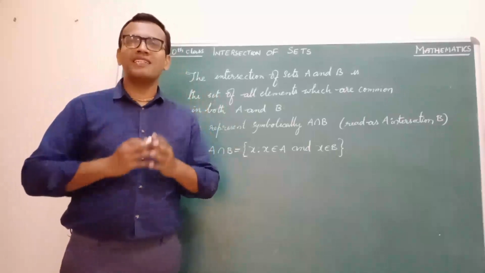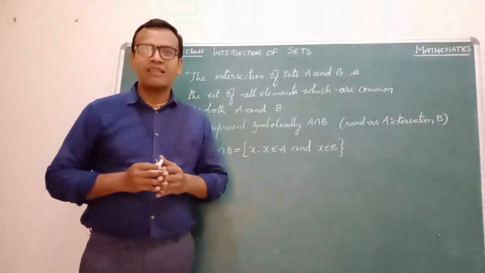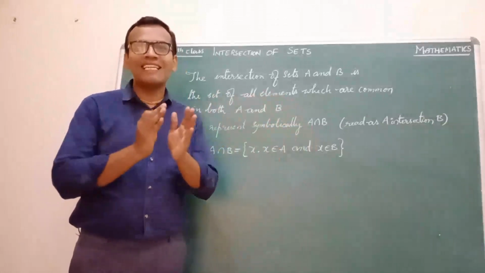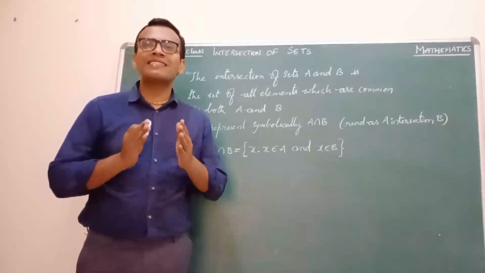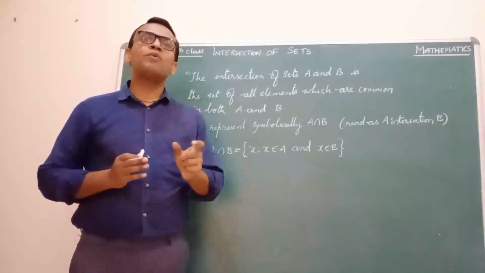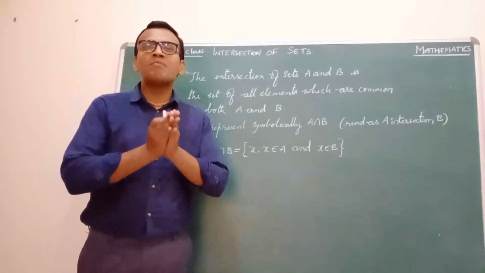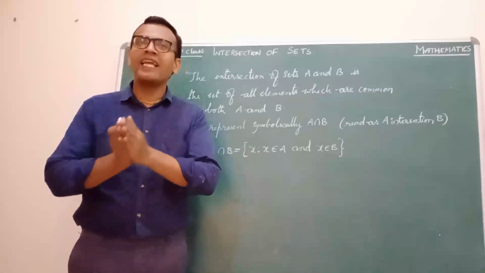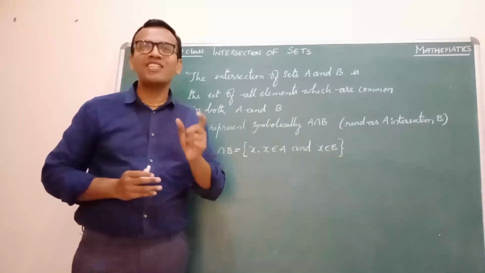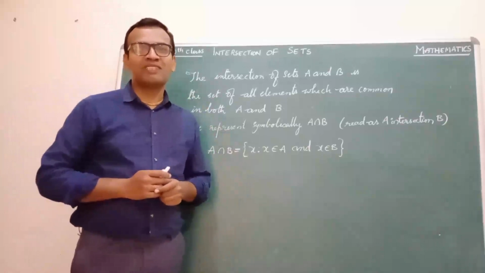Suppose there are two sets, namely A and B. There are some elements in A and there are some elements in B. Now, the intersection of A and B is the set of elements which are common in both A and B. Means the element must belong to A and must belong to B also. So such a common elements set is called intersection of the sets.